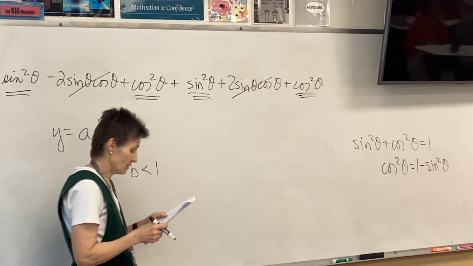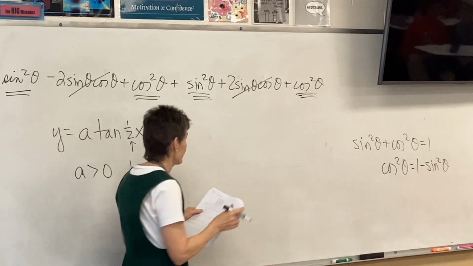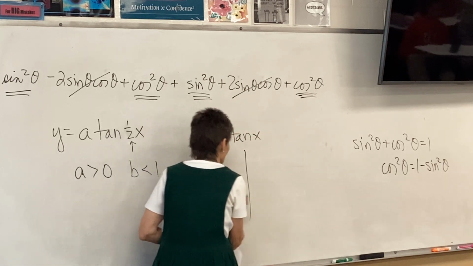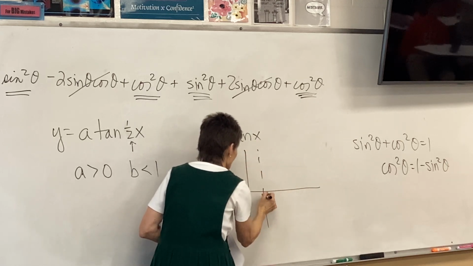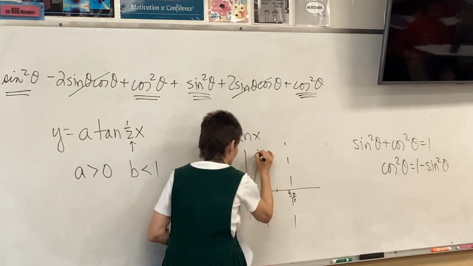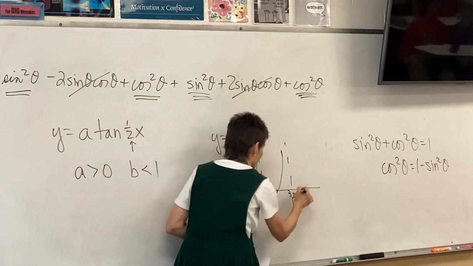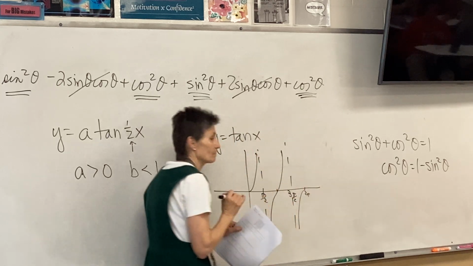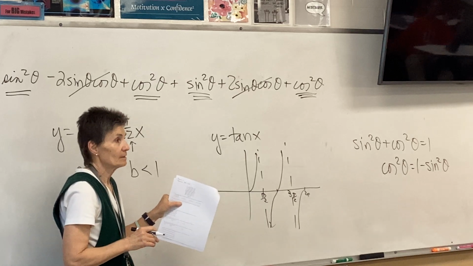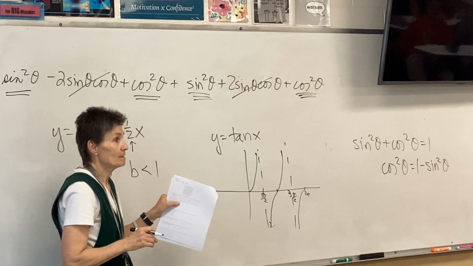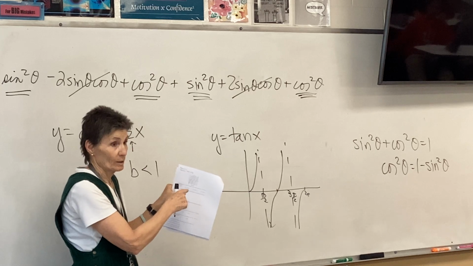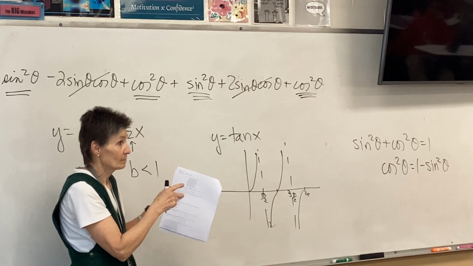All right, which of the following is the vertical asymptote? So another tangent problem. Remember that for a regular tangent, we have asymptotes at pi over 2 and 3 pi over 2. Those are regular asymptotes. Okay? Now what have I done here? I multiplied by 4.